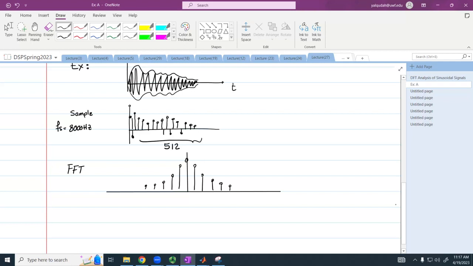So the length of this sequence, what is the length of this sequence going to be equal to? 512, unless I specify a different number.